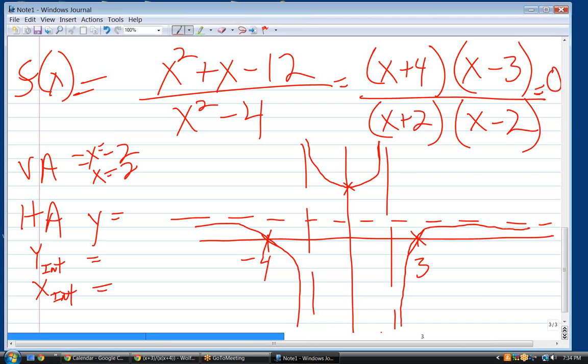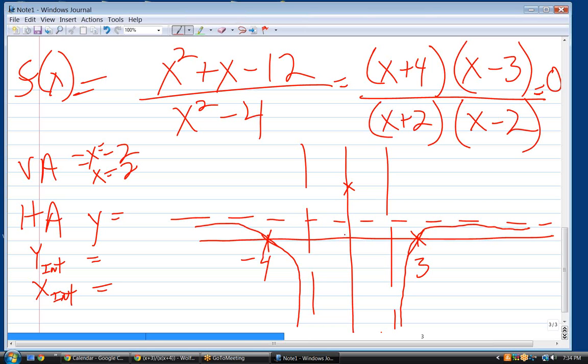Let's see, because there are no x-intercepts, hold on a minute. Let me think about that picture. Pretty sure that's the way the picture is going to end up being.